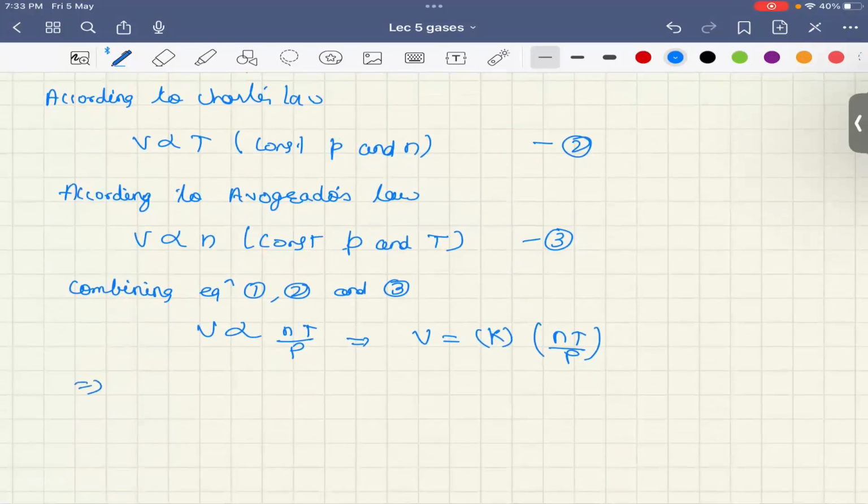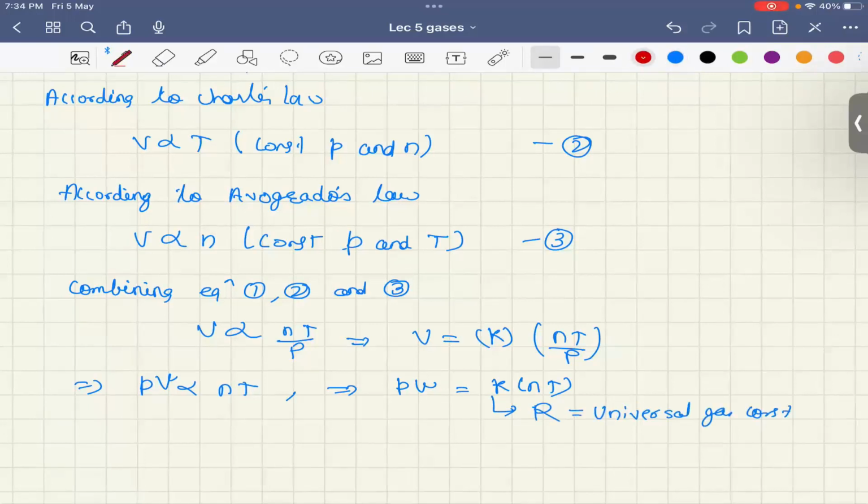Implying P into V is going to be proportional to NT. So this proportionality constant K is called R, the universal gas constant. Hence we say P into V is equal to N R T, and this expression is called the ideal gas expression, right?